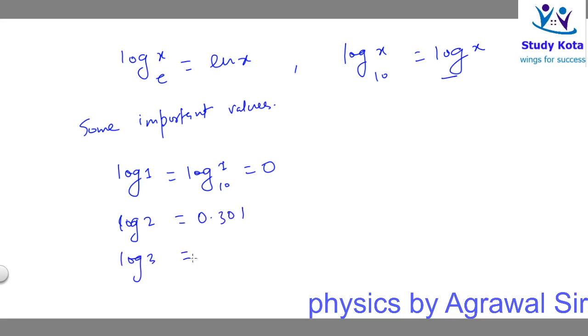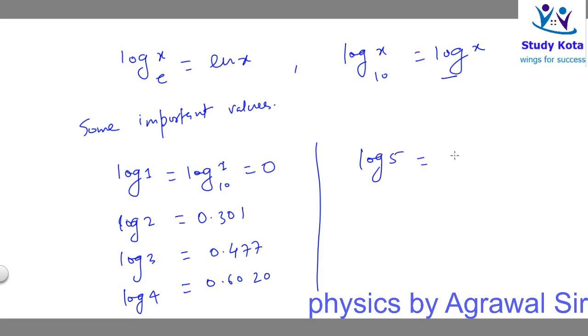Log 3, that is 0.477. Log 4, that is 0.6020, and the final, log 5. What is the value? 0.69. You can calculate the value of ln by the relation I told you, right? इसे आपको मेमोराइज करना ही पड़ेगा, ठीक है? Memorize the values. Why am I telling you?